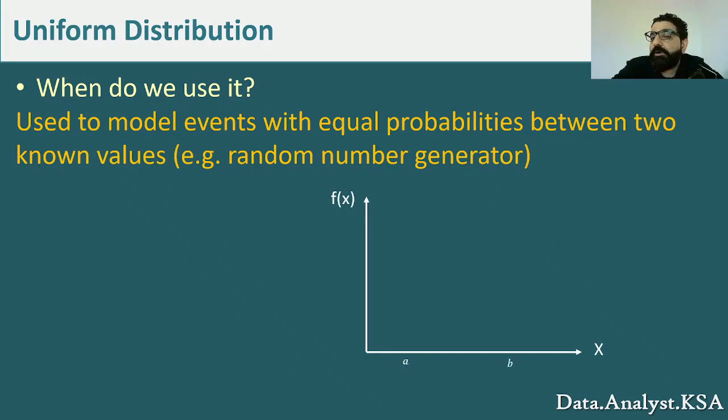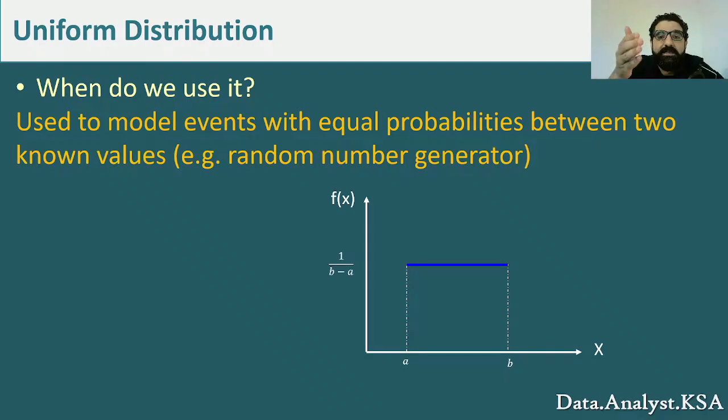So how would the probability density function look? As mentioned, everything has equal probability, so it should be just a horizontal line because there are no spikes, there are no areas where you have more or less probability. Every single number has the same density of appearing in our sample.